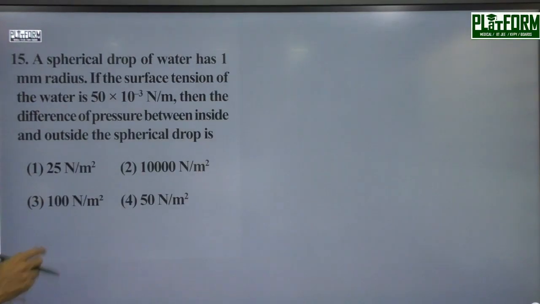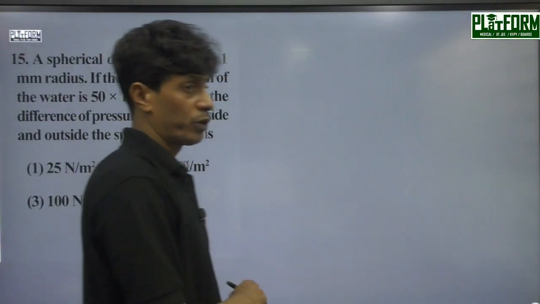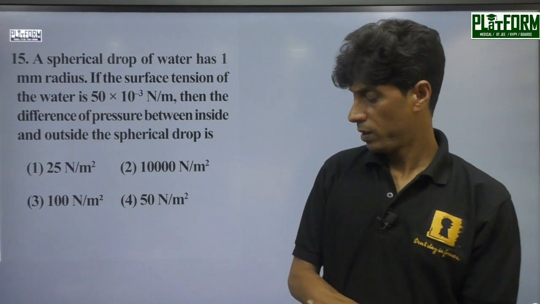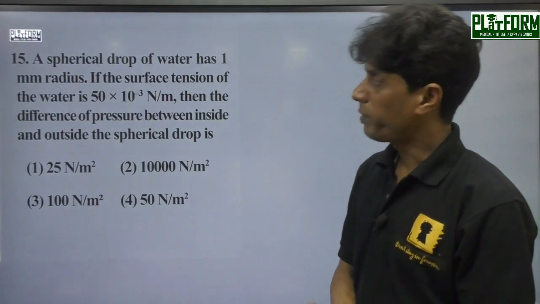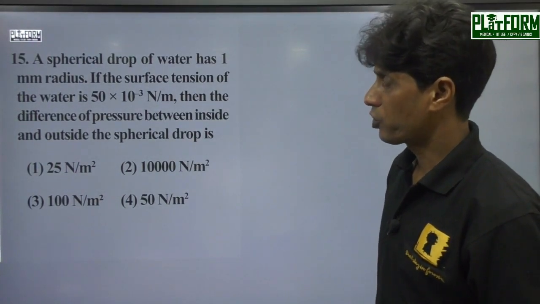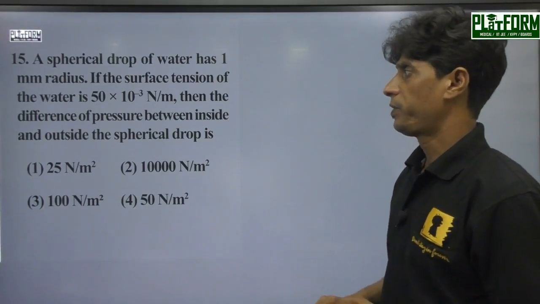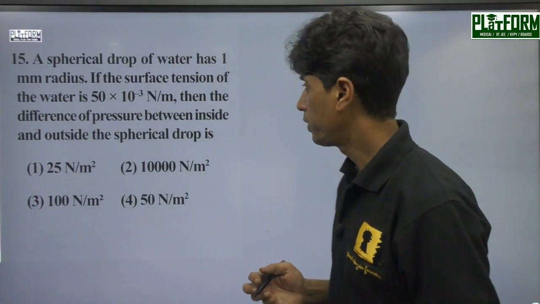Next problem. A spherical drop of water has 1 mm radius. The surface tension of water is 50 into 10 to the power minus 3 Newton per meter.